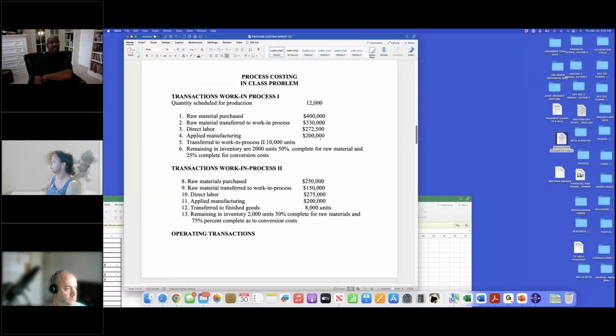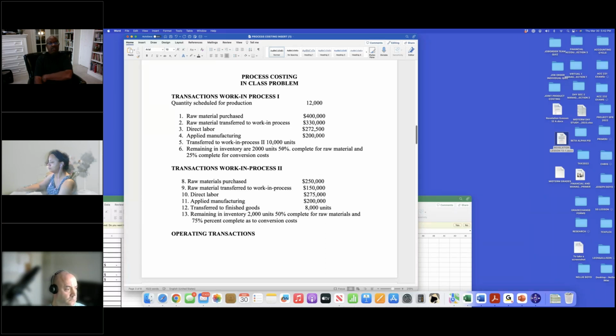And we finish 10,000 units. So we had 12,000 scheduled, but we only finished 10,000 units. The units that are left are 2,000, and they're complete 50% for raw materials and 25% for conversion costs.